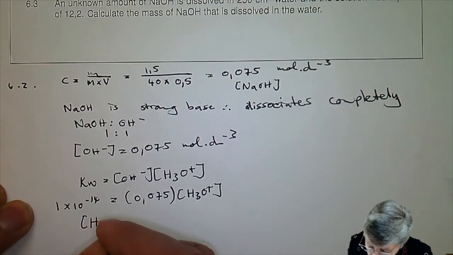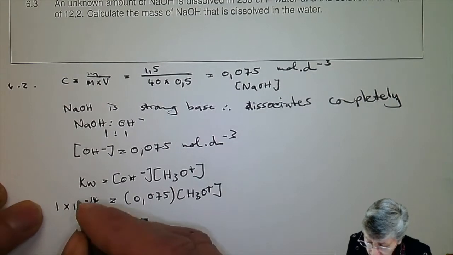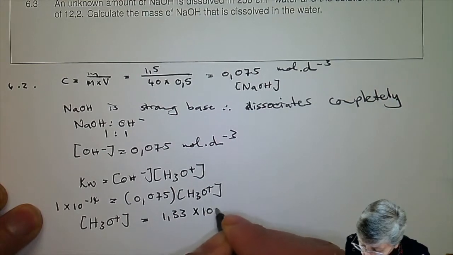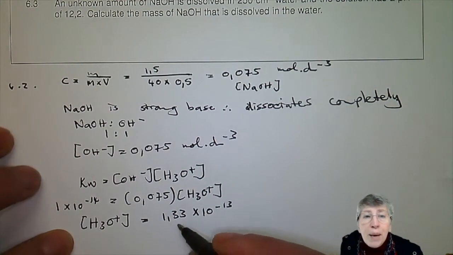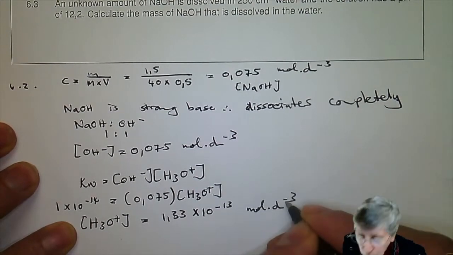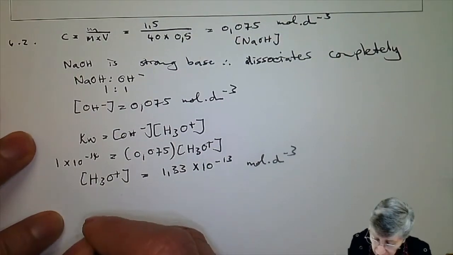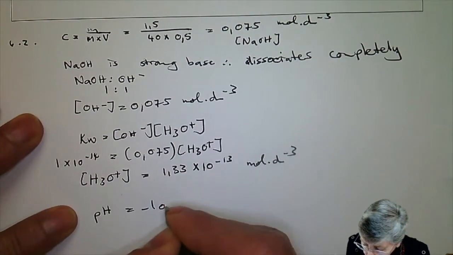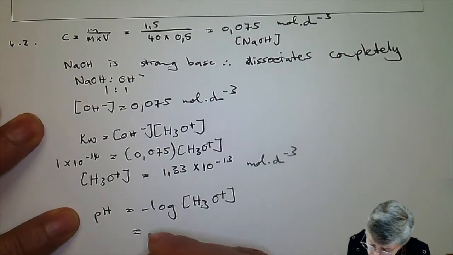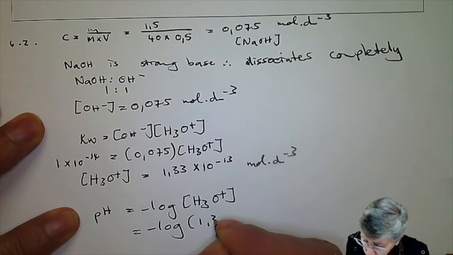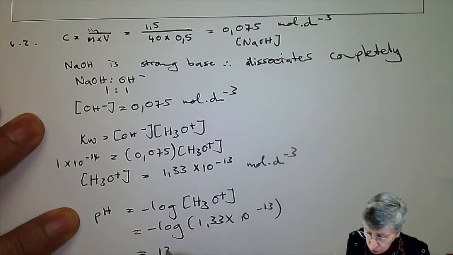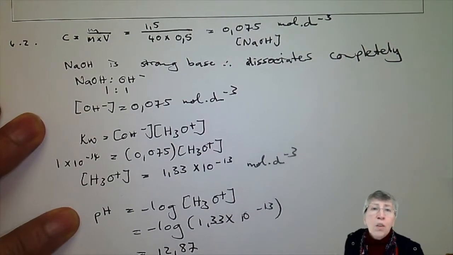So I end up with the H3O plus being that divided by that, and I end up with 1.33 times 10 to the minus 13. And remember, pH doesn't have a unit, but concentration does. Mole per cubic decimeter, right? And then I can put it into my pH calculation. Negative the log of the H3O plus concentration, and that is negative the log of 1.33 times 10 to the minus 13, and I end up with 12.87.